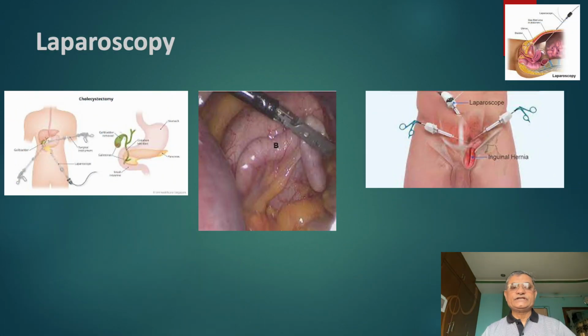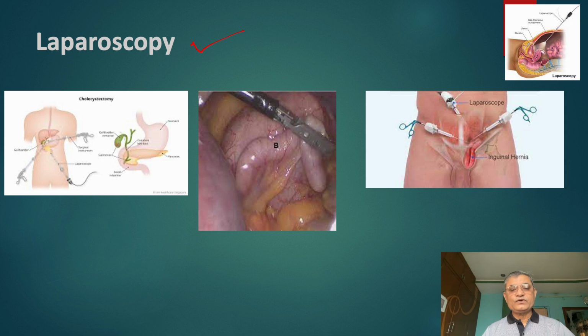Minimal invasive surgery practiced for abdominal conditions is known as laparoscopy. So what are the different types of laparoscopic surgeries that are performed? One is laparoscopic cholecystectomy. When there are symptomatic gallstones in the patient's body, then you have to remove that gallbladder.